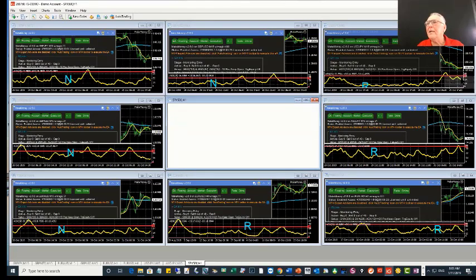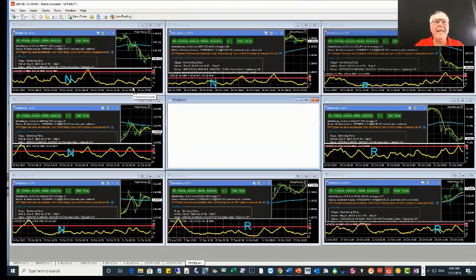Those are pointing down, but the ADX is below the line. That's below the line. That's below the line. So they're all below the line, so there'll be no trading. And that's the thing. The Make Money has been designed not to trade in sideways markets, or markets that are going nowhere.